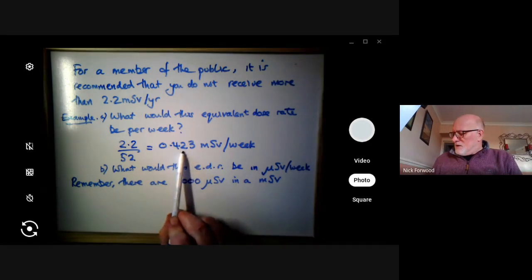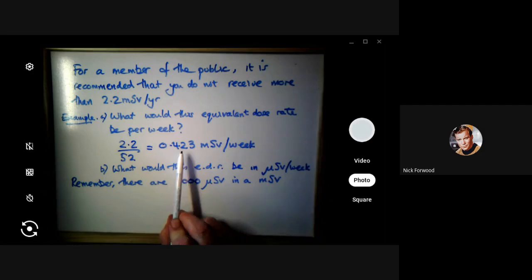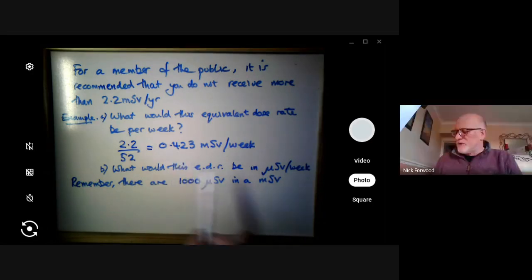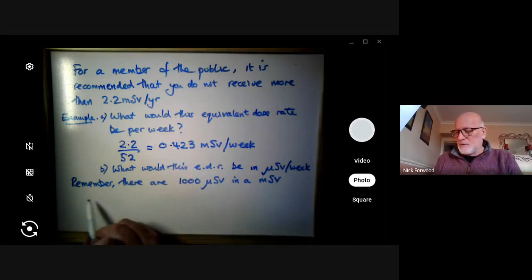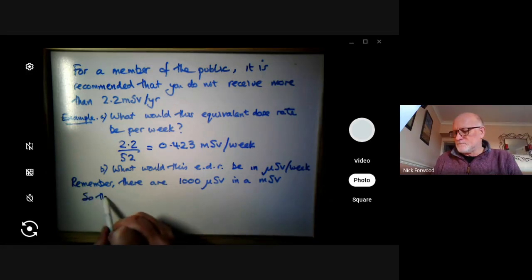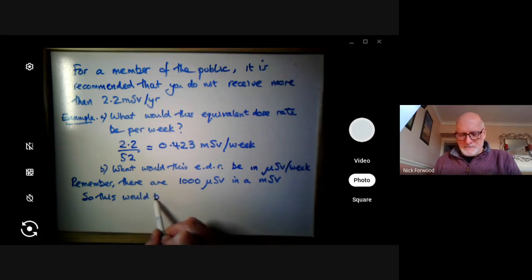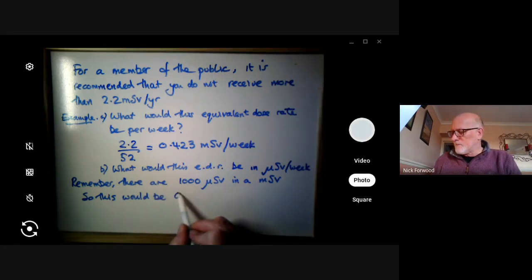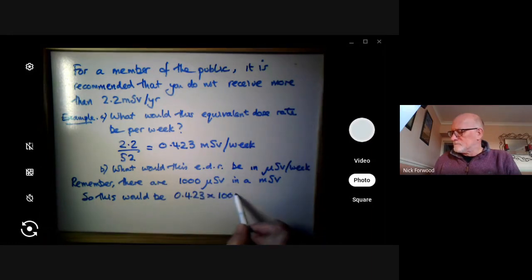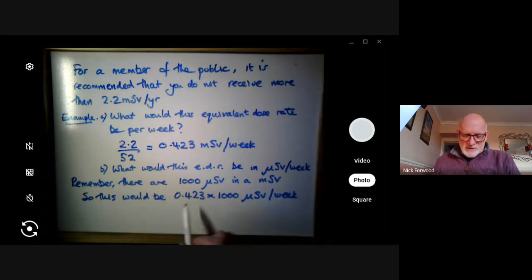What we do is we multiply by 1,000 to change from millisieverts to microsieverts. And you can do that on your calculator, or if you're good at multiplying by tens and just moving the decimal place.